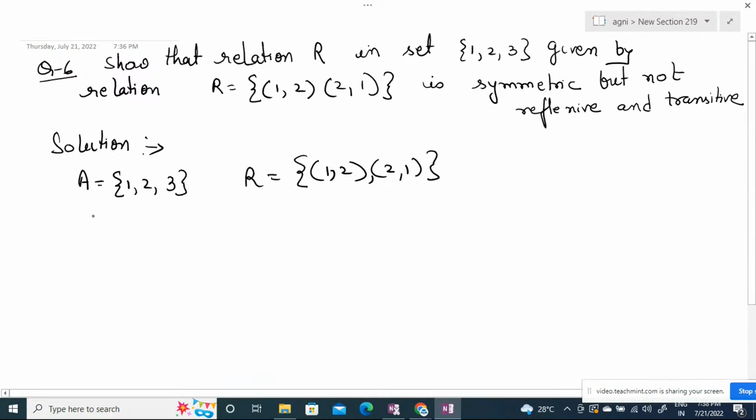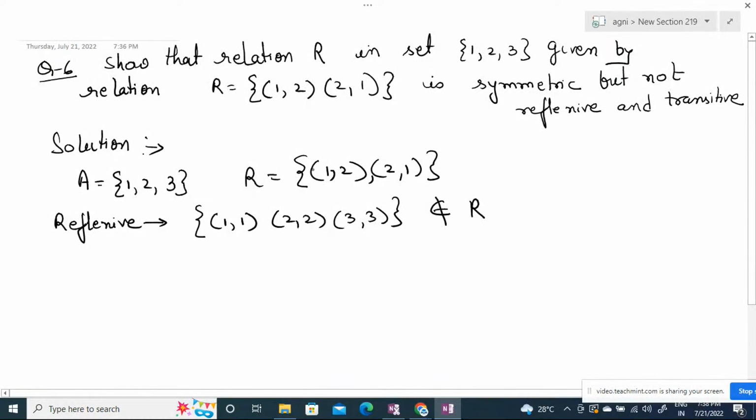Now for reflexive, we must have ordered pairs like (1, 1), (2, 2) and (3, 3), which do not belong to the relation R. That's why it is not reflexive.